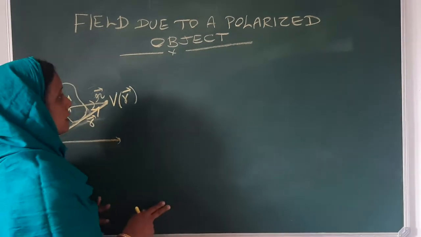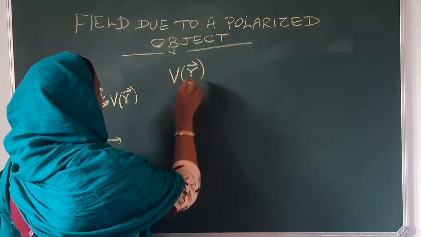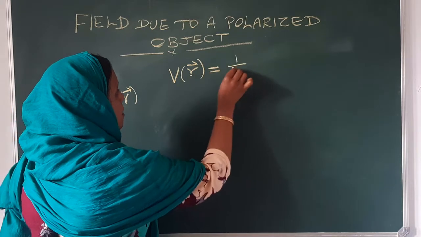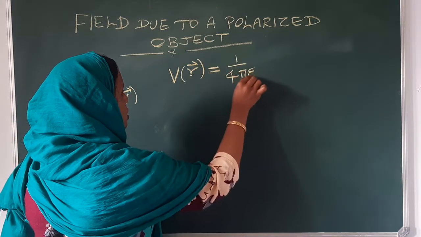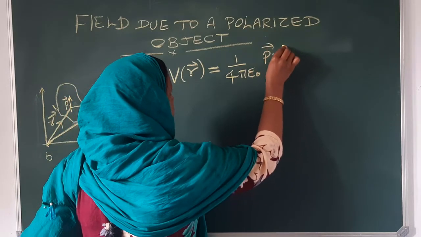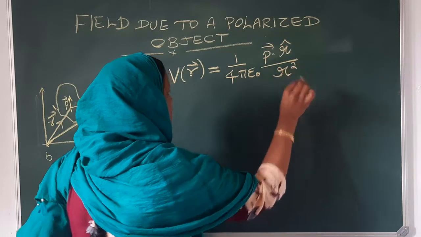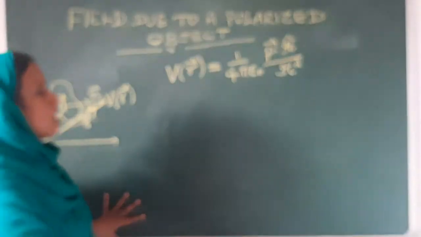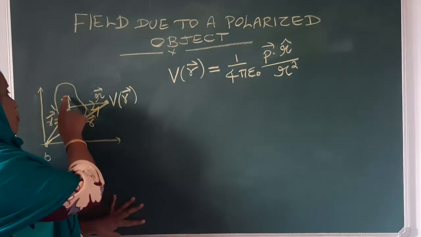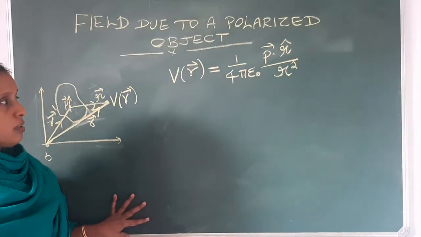We know that the electrostatic potential at this point is given by 1 by 4 pi epsilon 0, P dot r cap by r square. Here P represents the dipole moment of this single, individual dipole.